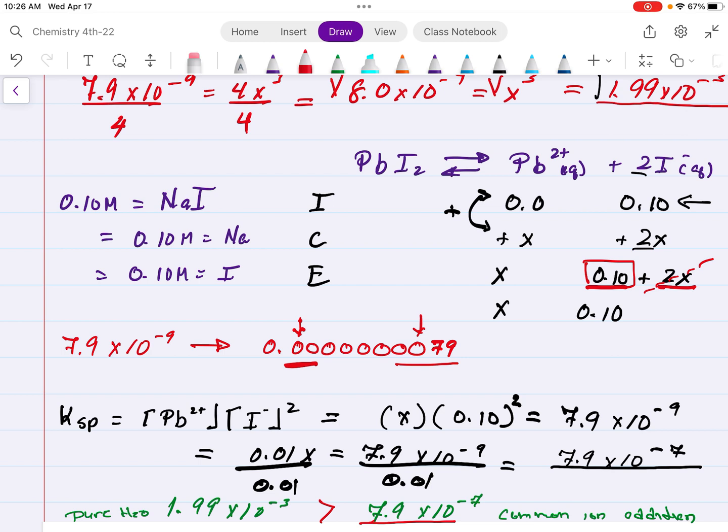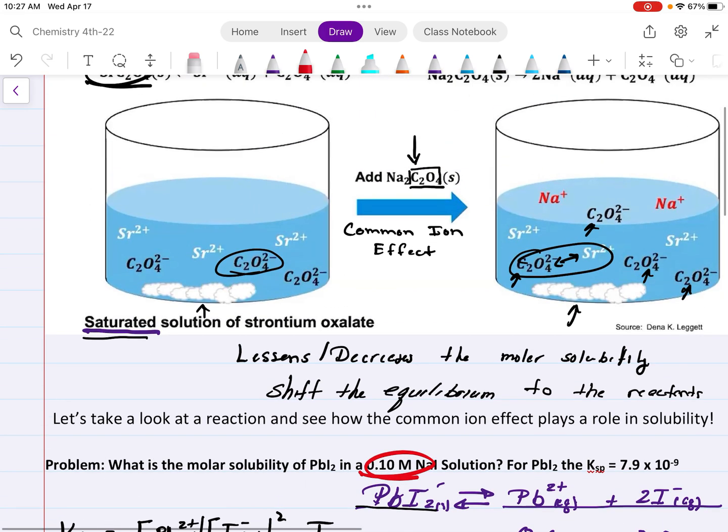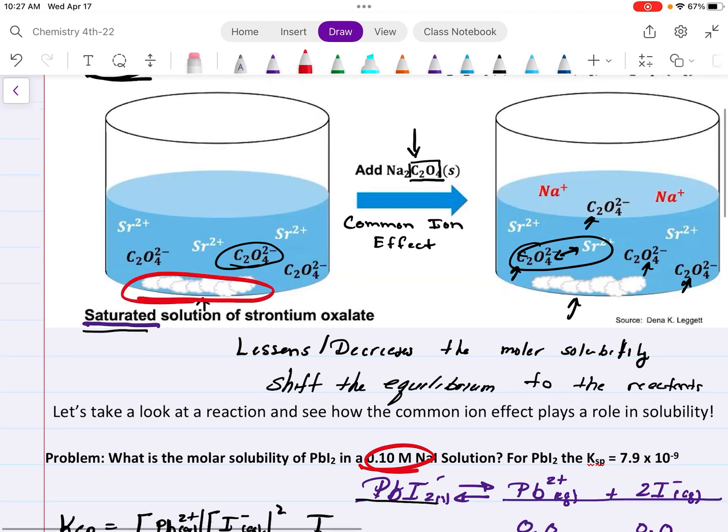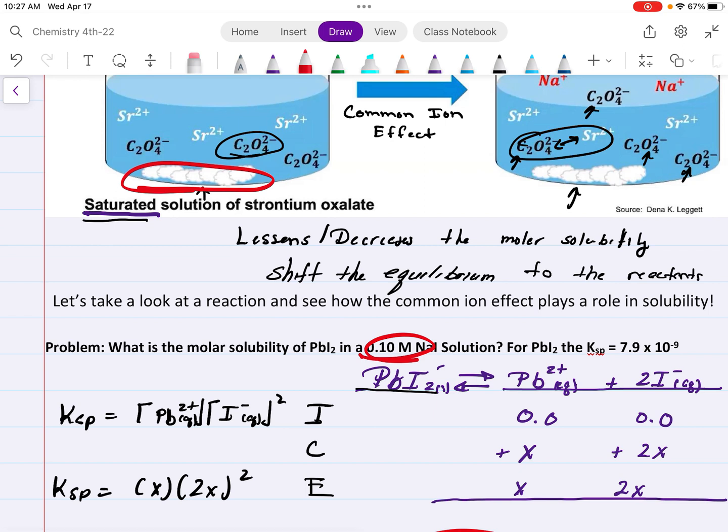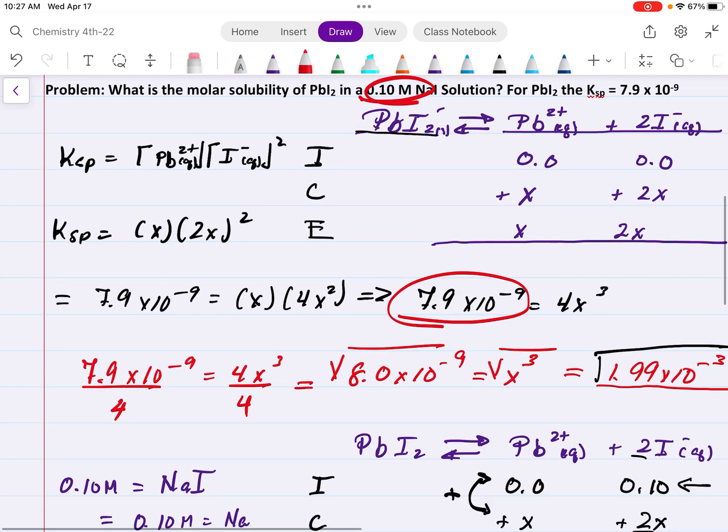By adding more of the common ion, you've decreased molar solubility, because remember, 1.99 times 10 to the negative 3 is greater than 7.9 times 10 to the negative 7. So by decreasing the solubility, you've increased the amount of solid, or undissolved, reactant in that solution. So the common ion effect shifts the equilibrium back to the reactants, and this begins to reform, right? And that's the difference.